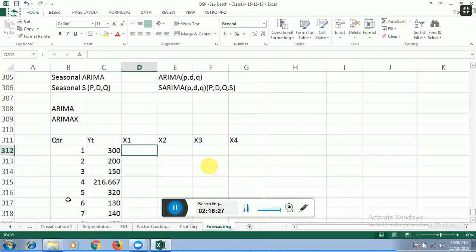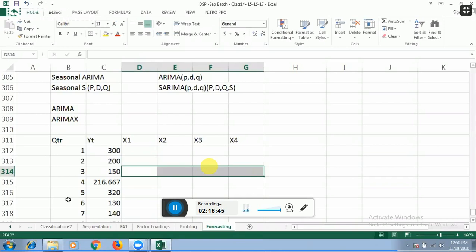So now what I'm saying is my current value is a function of my past values and past errors. That is one kind of thing you are talking about. But this value is also a function of some other factors which are contributing.